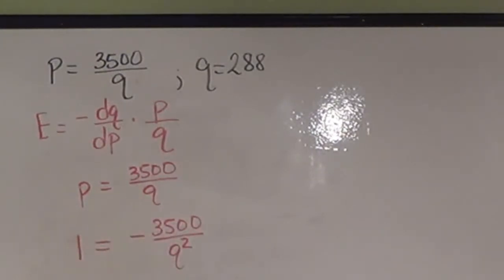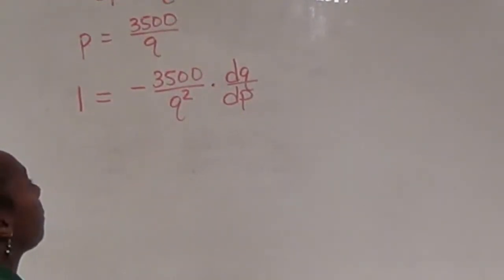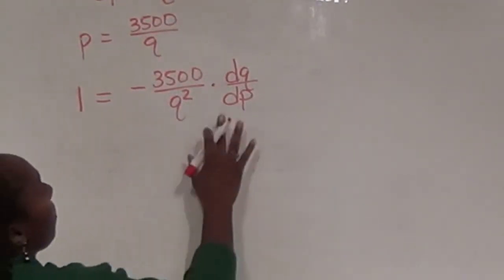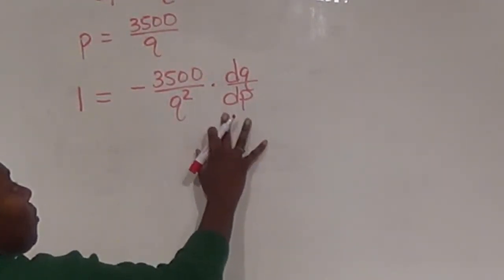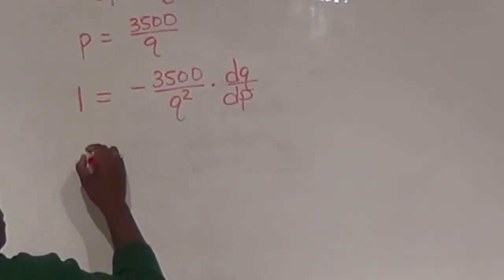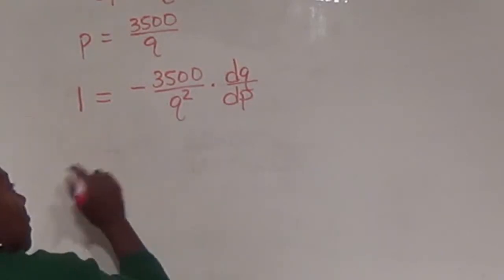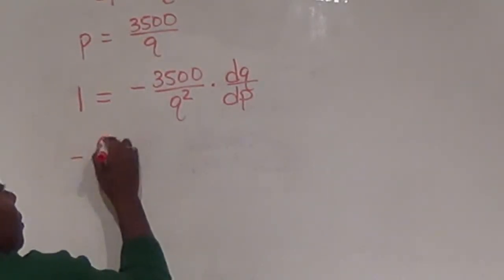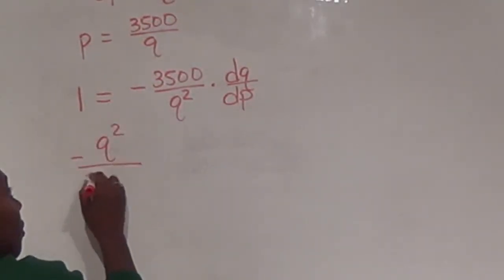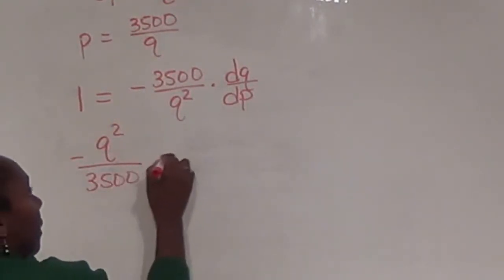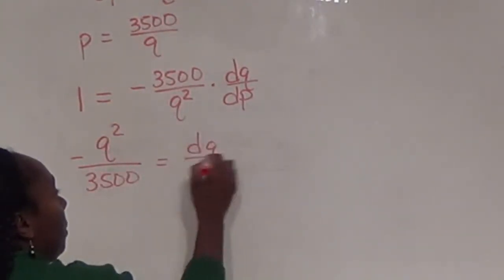You can use your power rule or your quotient rule, either one, times dQ/dP, since we took the derivative of Q. So solving for dQ/dP, if I multiply to the other side or divide, we're looking at negative Q squared over 3,500 equaling dQ/dP.